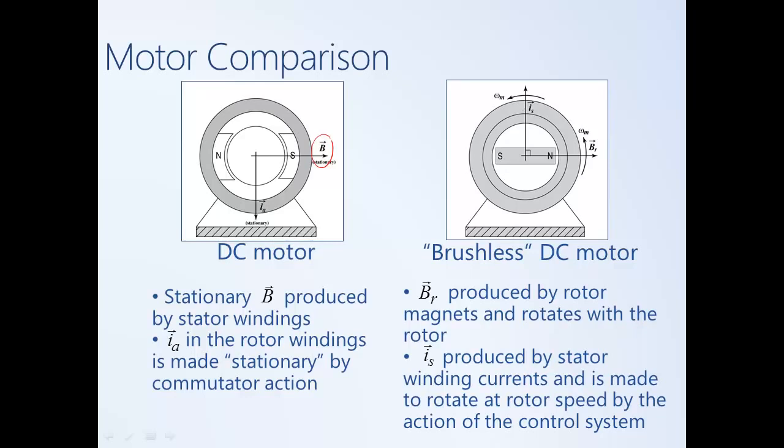So in essence, the brushless DC motor achieves a sort of electrical commutation, where the energizing of the three phases is done in order to try and keep the current space vector 90 degrees ahead of the magnetic field in order to generate the maximum amount of torque. So looking at these, they are very similar, and we'll show that a little bit further.